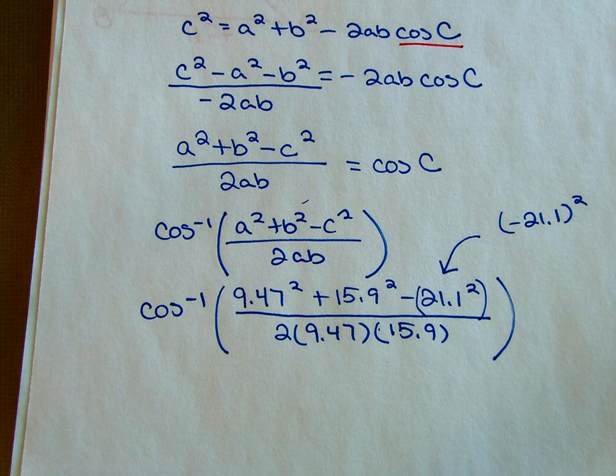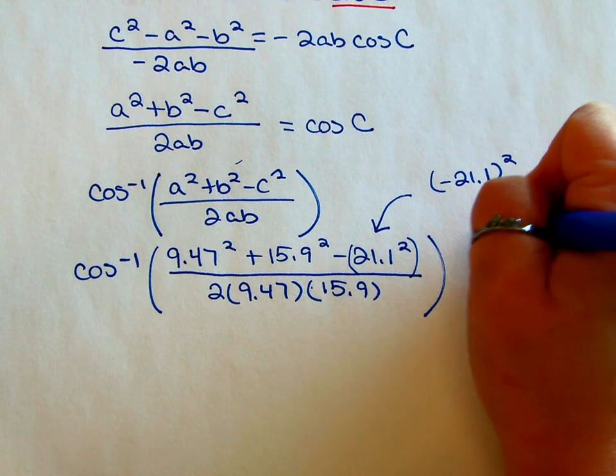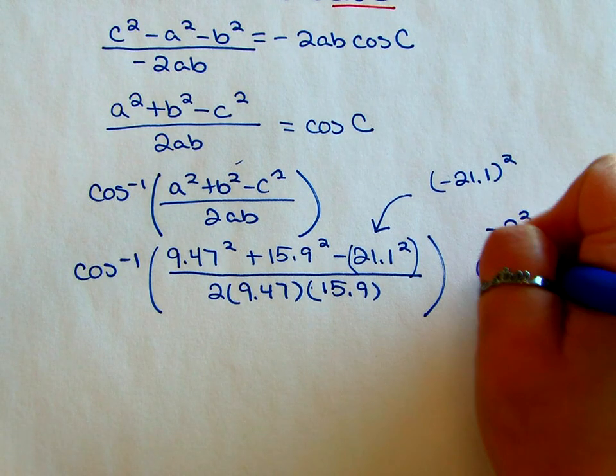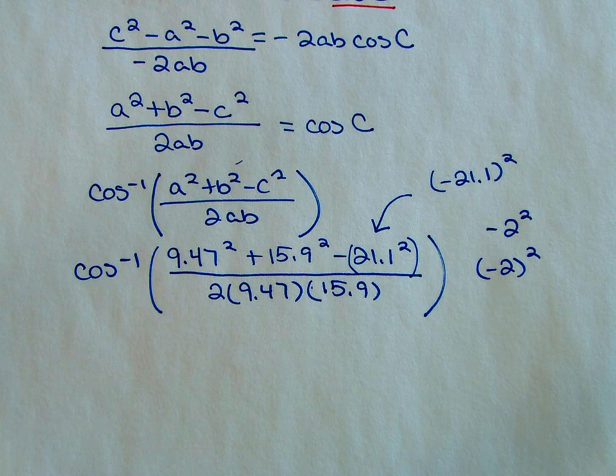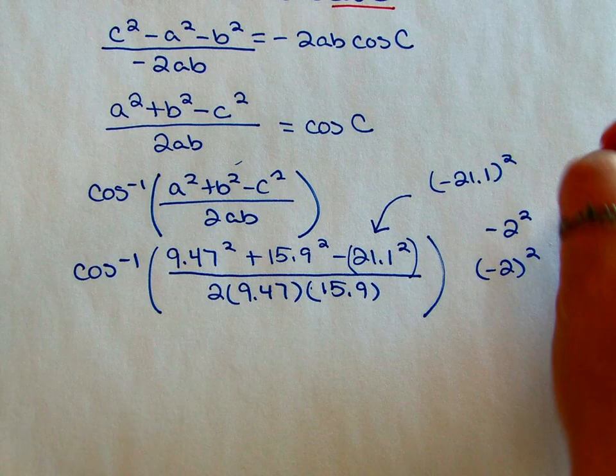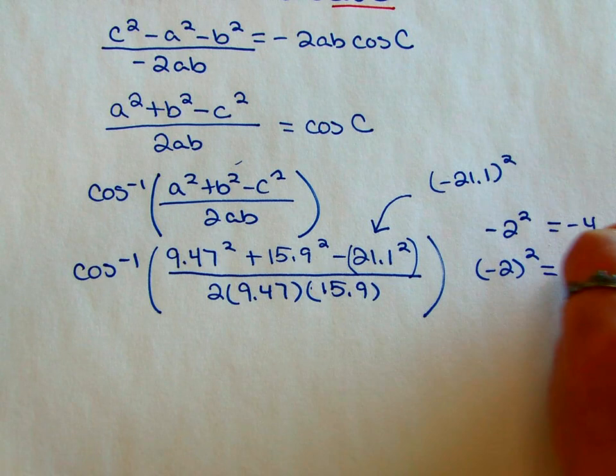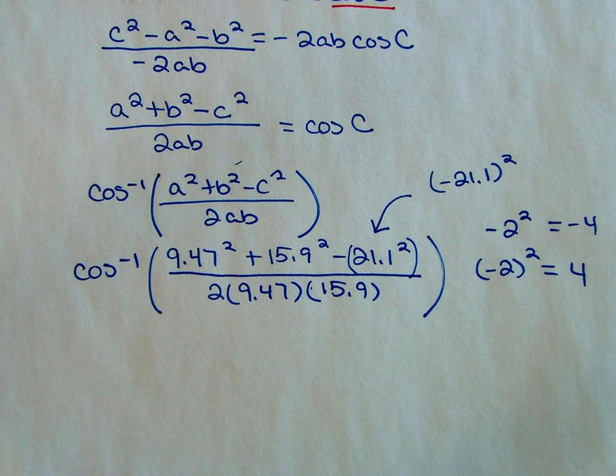In my college algebra class, I always show them, depending on the calculator you have, if you type in negative 2 squared versus negative 2 squared in parentheses, most of your calculators will give you the same answer for those, and those are different things. This top one gives you negative 4, this bottom one gives you positive 4. But most calculators will give you a positive 4 answer for both of these. And so you do need to be a little bit careful right here.